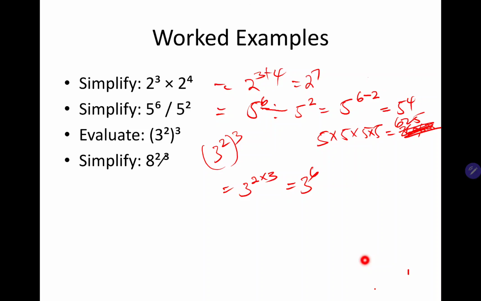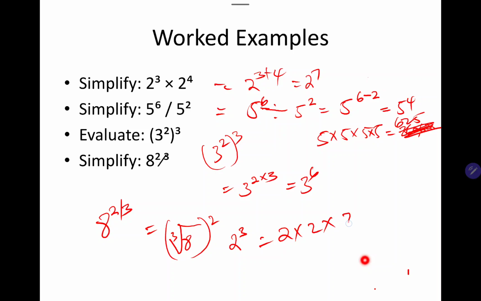Then, if you are to simplify 8 raised to the power 2 over 3, this is a fractional index. So this is the same thing as the cube root of 8, all squared. The cube root of 8 here is 2, squared. So you can also simplify this as 2 times 2. You put your answer. Okay?